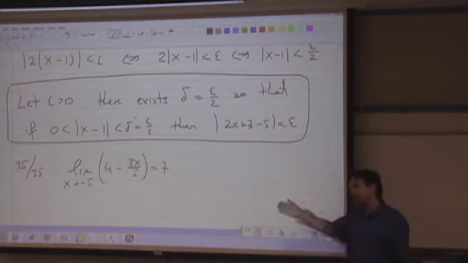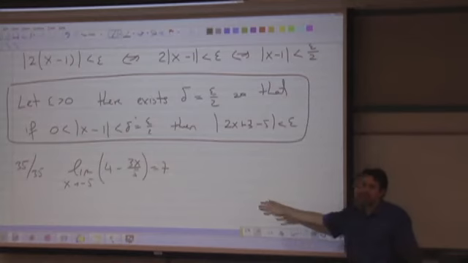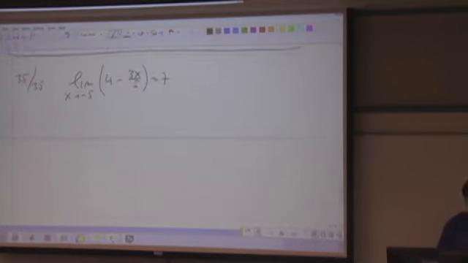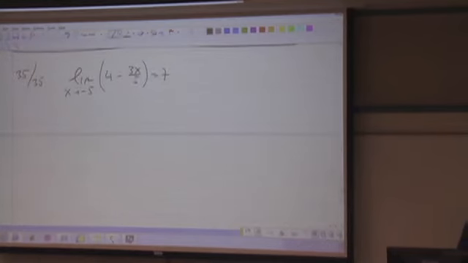So, as later on, as soon as we get to section 1.4, you'll find out that there's actually a much better way of doing things. But we need to actually develop the tools to get there. So what do we do here? So again, the same word comes to mind. Let epsilon be bigger than 0.